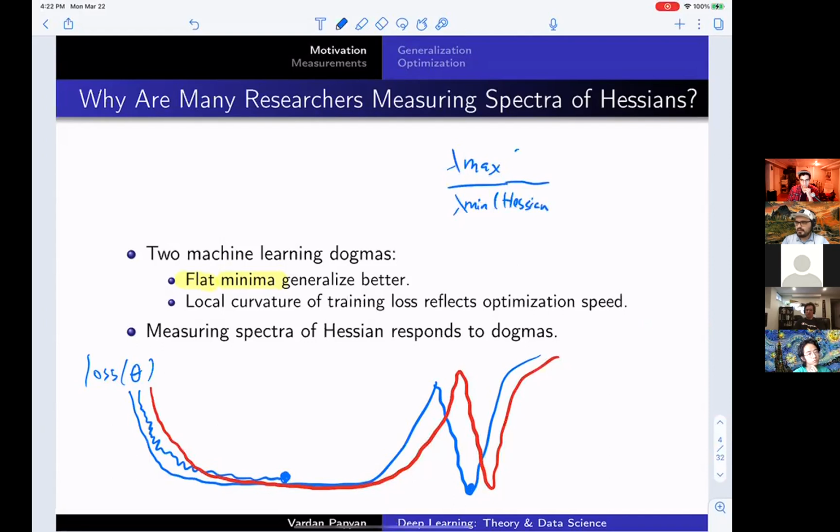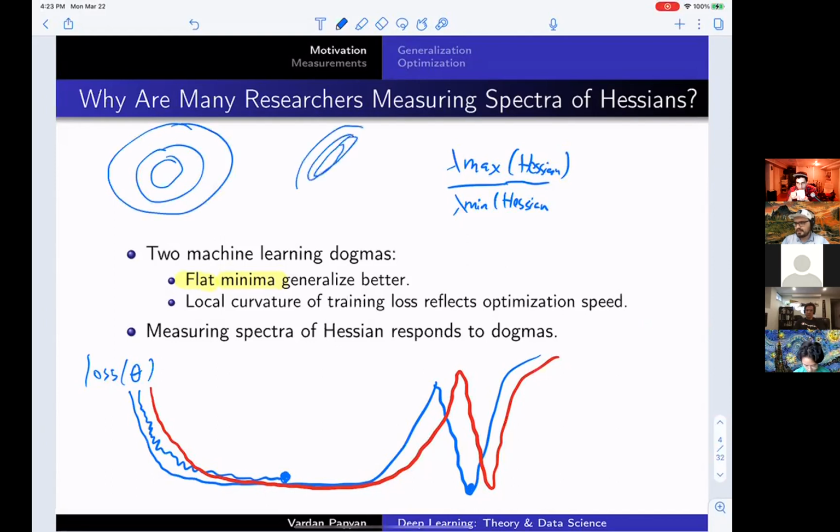And the intuition is actually very simple. If you're optimizing a function whose level sets look like these, then it's easy to optimize. If you're optimizing a function whose level sets are like this, it's significantly harder, right? If you want to learn rigorous theoretical statements on optimization guarantees, I suggest you take a course on optimization theory, convex optimization theory.